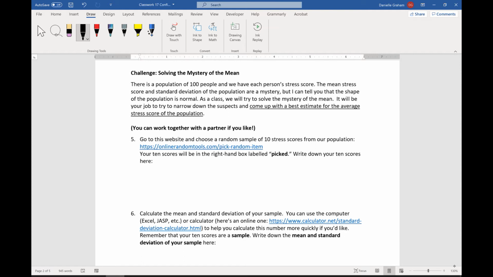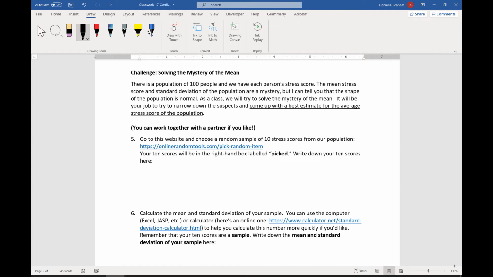Okay. So, challenge, solving the mystery of the mean. Hopefully all of that explanation we just did makes this part a little easier to understand. To illustrate this concept of confidence interval, we're going to use this little made-up scenario where let's say we have a population, and it's a really small population.